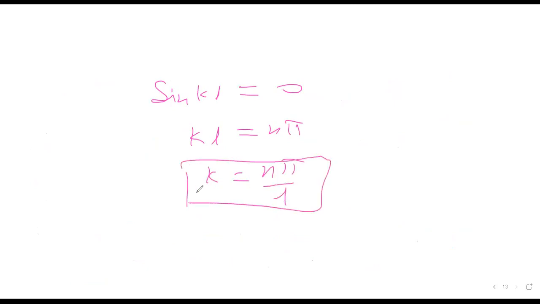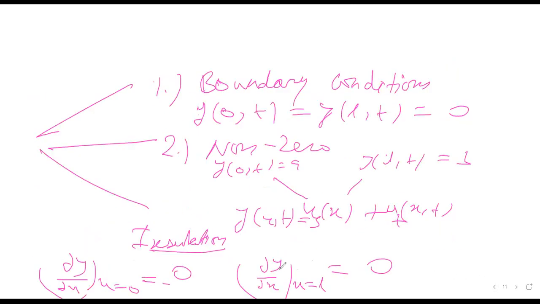So the same type of conditions that we were getting earlier can now be achieved using the boundary conditions with insulation. So what happens in insulation? Del y by del x at x equal to 0 and del y by del x at x equal to l, whichever point is insulated will give you this.